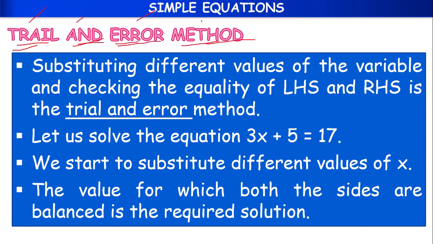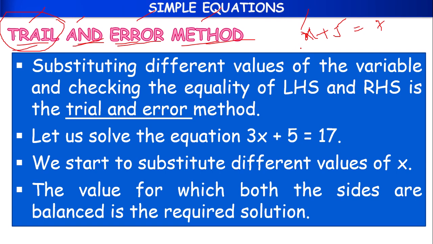Okay. Trial and error method. Trial and error method means if you know the equation like x plus 5 equal to 7, we have to try some values. We have to try to place some values in the x, and if an error comes, that is not true, let's go with the next value. If an error comes, that is not true, we will change to another value.